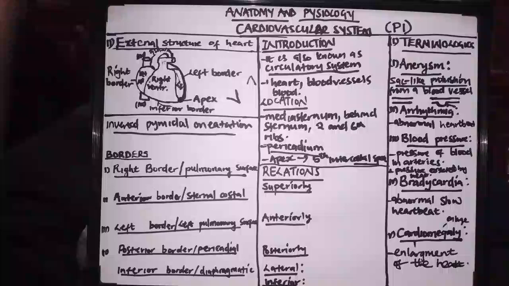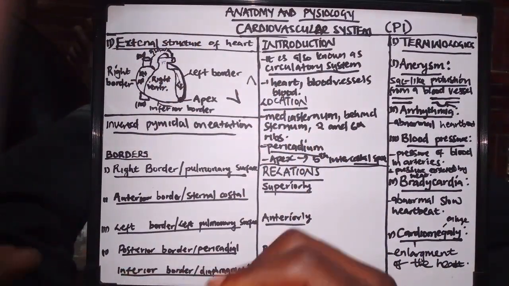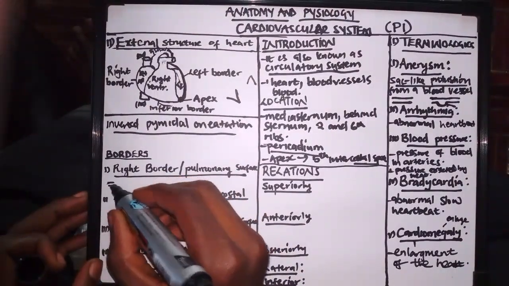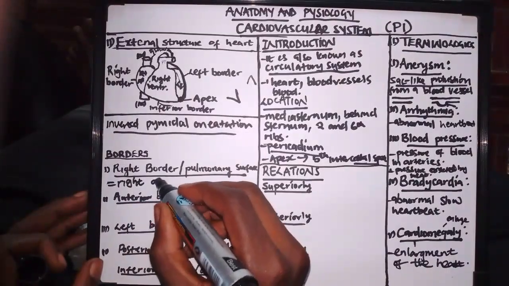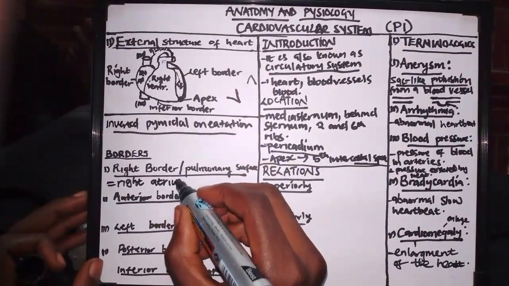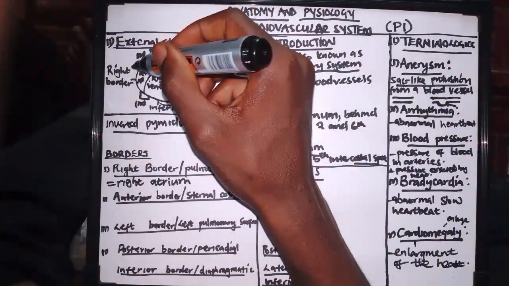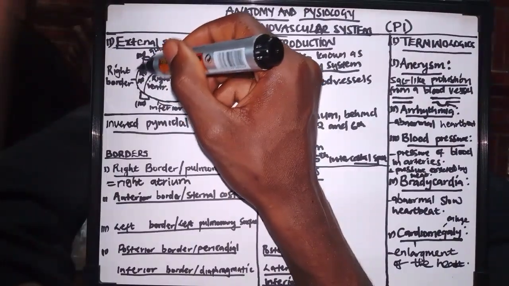That's why it is known as the pulmonary surface. And what forms the right border? The right border is formed by the right atrium. Remember, even the diagram as shown, this is the right atrium, which forms the right border.